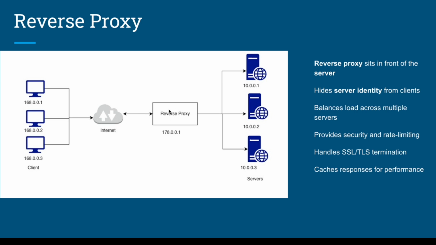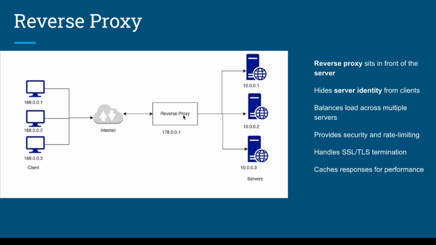It will first land at the reverse proxy layer, and the client will only know this reverse proxy IP. It won't know the backend servers' IPs. Then the reverse proxy sends the traffic to the backend servers, gets the response, and sends the response to the client. So here the server identity is not visible to the client.